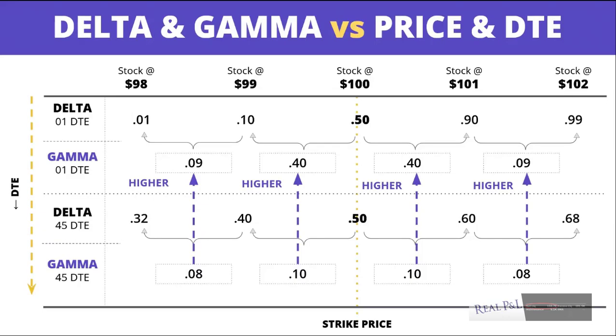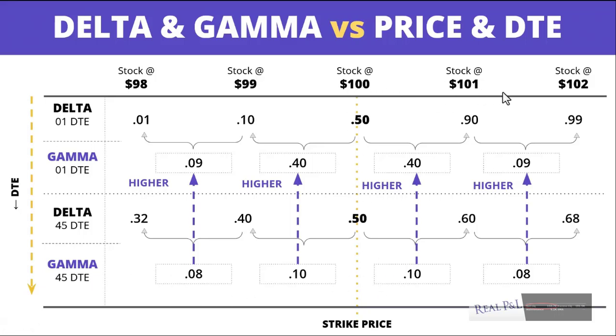So again, delta and gamma versus price and DTE, you can see the dramatic changes when there's only 1 day left in the gamma, right? You can see how the gamma is much higher than it is at the 45 DTE.